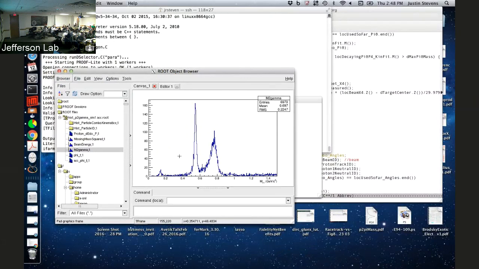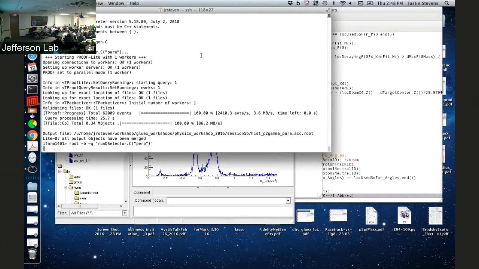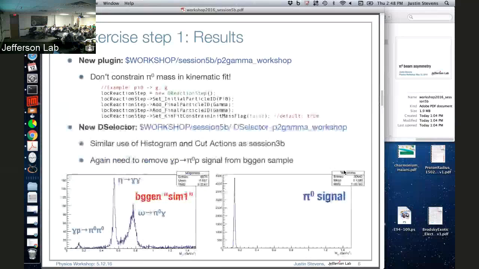And let's see, I can go to what the results look like once I run the perp sample. So the results of what these plots look like is something like this. The interesting features are that for the background, we have mainly eta to 2 photons, which show up here.